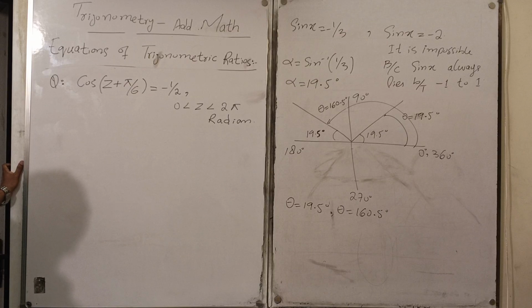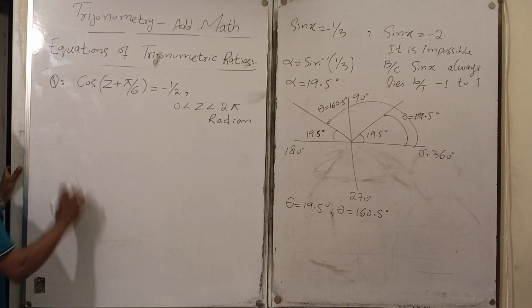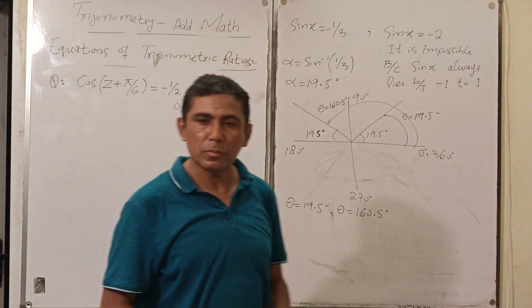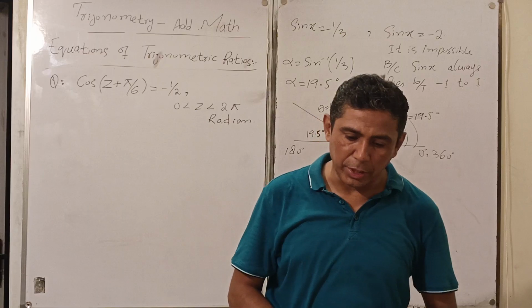Yeah, guys. First of all, change the range. Okay. Change the range. इसमें करना क्या है? Again, find out the value of alpha and plot the graph. Simple. Radian ये दिया हुआ है.